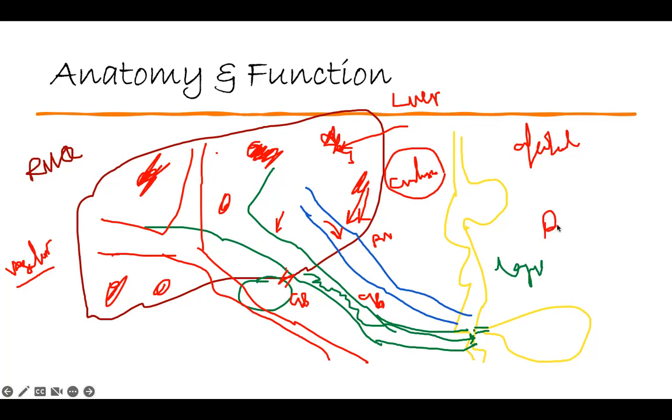And that is what we call portal hypertension. We'll talk about it, but this is just briefly to give you an idea of what it means to have cirrhosis of the liver. It means your liver has been scarred multiple times so that it doesn't do its function anymore, and it has too much pressure in it. So that's what is meant by cirrhosis of the liver.